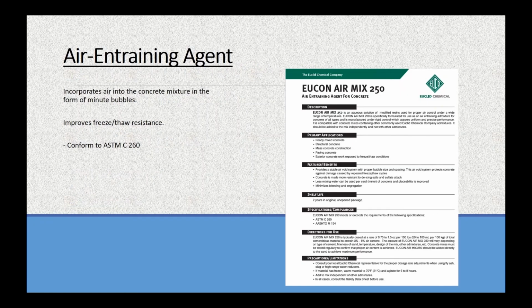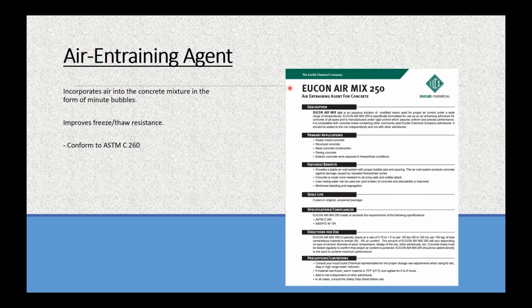All right, air-entraining agent. This is another material that's in Spec 4. Basically, what this does is incorporate air into the concrete mix, through tiny, minute bubbles. And the reason that this is in our concrete mixes is it improves our freeze-thaw resistance, which is obviously an important property. And this needs to conform to ASTM C260.